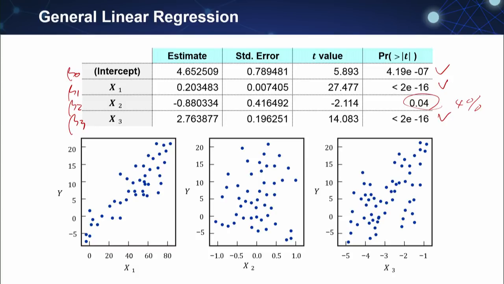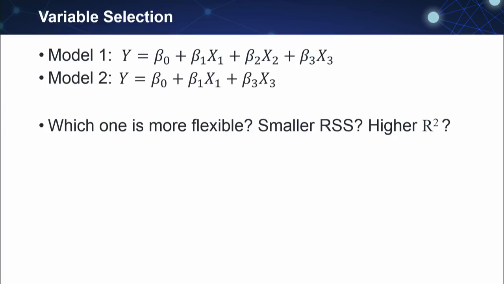And if you look at the scatter plots of y and x1, y and x2, and y and x3, then you can also see this point. Here we may have two different models: one with x2, the other without x2.